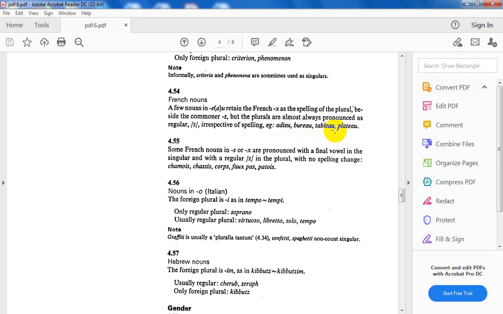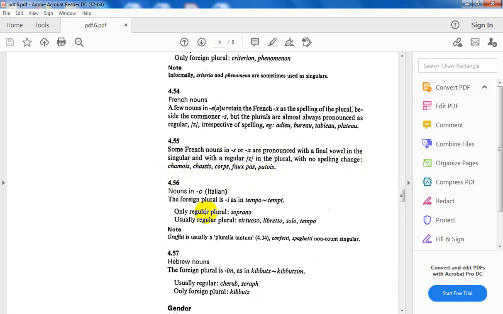They are French nouns, and don't pay more attention concerning the French nouns here. Some French nouns in S or X are pronounced with the final vowel in the singular word and with a regular Z in the plural, with no spelling change: cameos, chassis, corps, faux pas, patios.